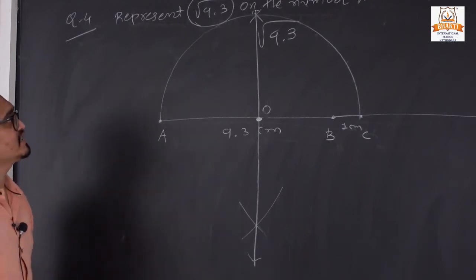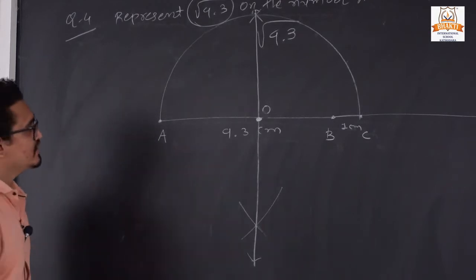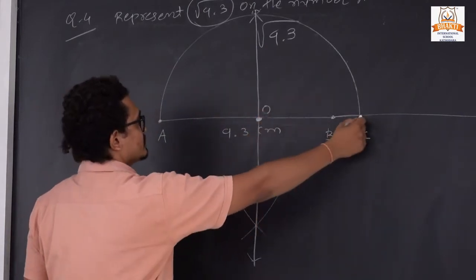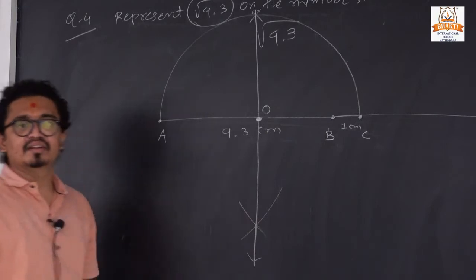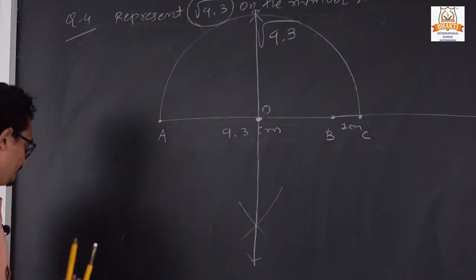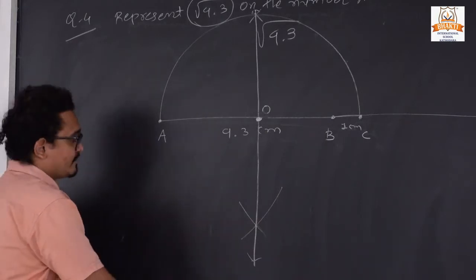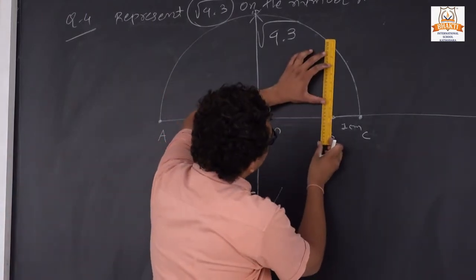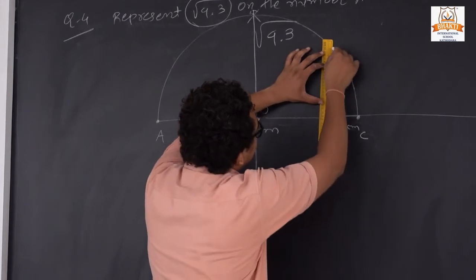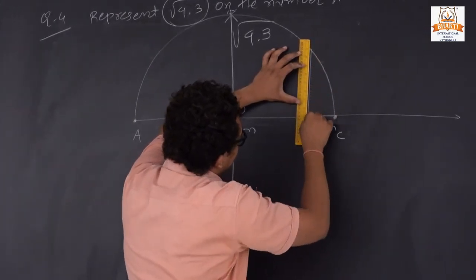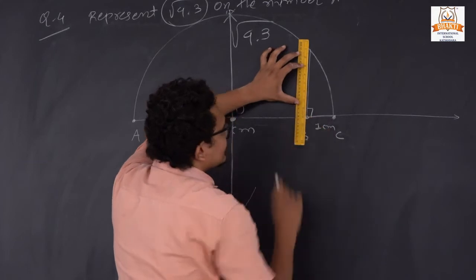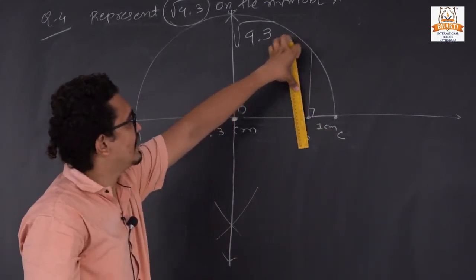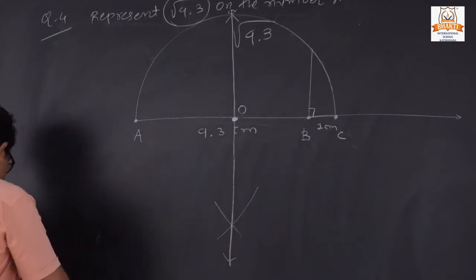Here we can see that it is joining at point C. After joining that point, from B we can draw one perpendicular line. Perpendicular means exactly 90 degrees. So it is exactly at 90 degrees at C. Now the last step is what?